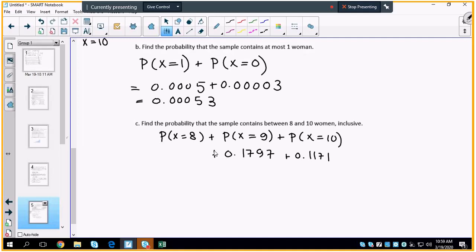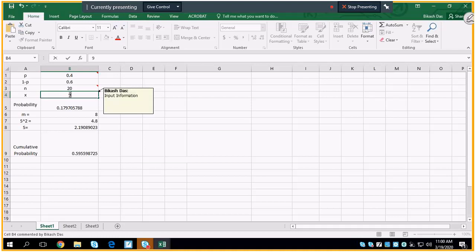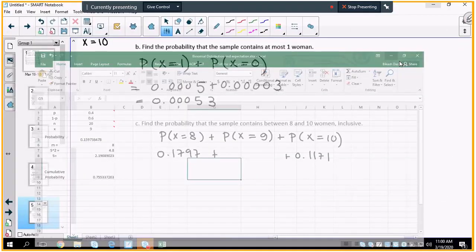So if I want to be precise, I will actually write it here, 0.1797. And then finally, I'm going to write down the probability for the number of successes being 9. So one more time, I'll go ahead and say 9 for the number of successes, and the probability is going to be 0.1597.